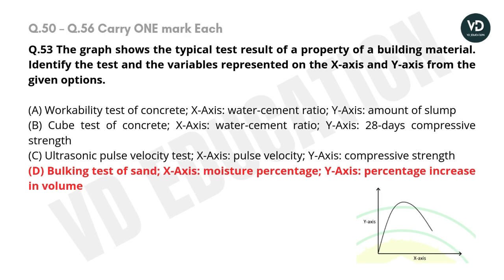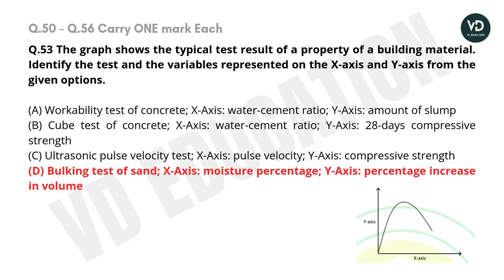Question number 53. The graph shows the typical test result of the property of a building material. Identify the test and the variable represented on the x-axis and y-axis from the given options. A. Workability test of the concrete, x-axis water cement ratio, y-axis amount of slump.